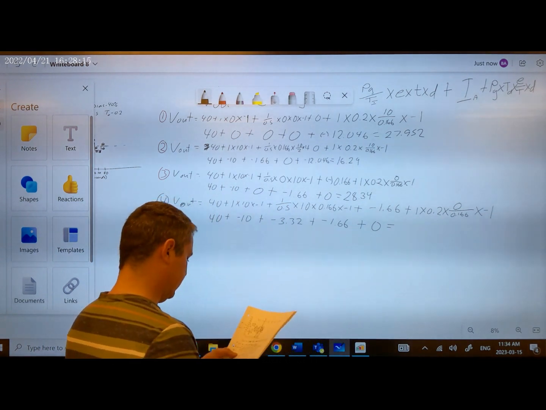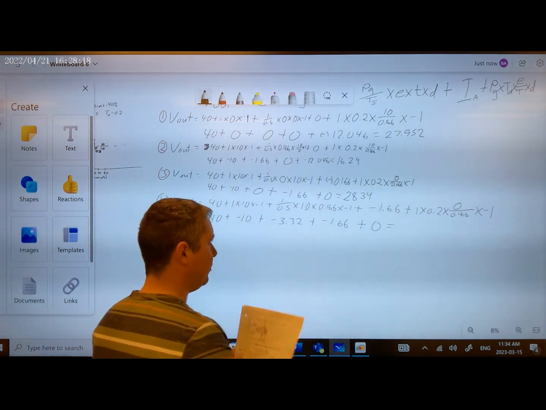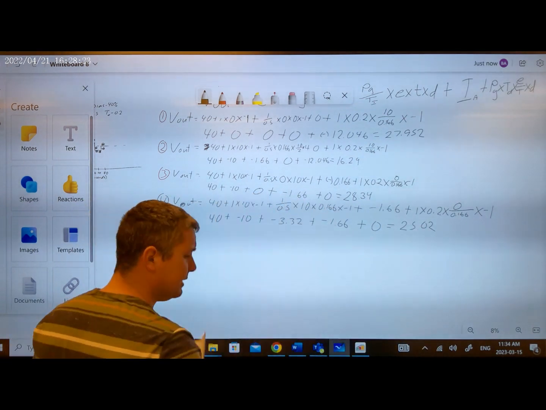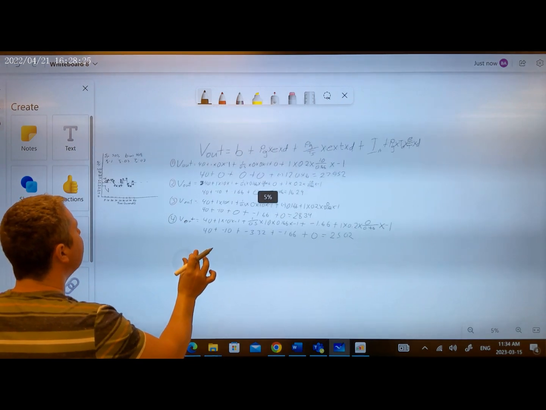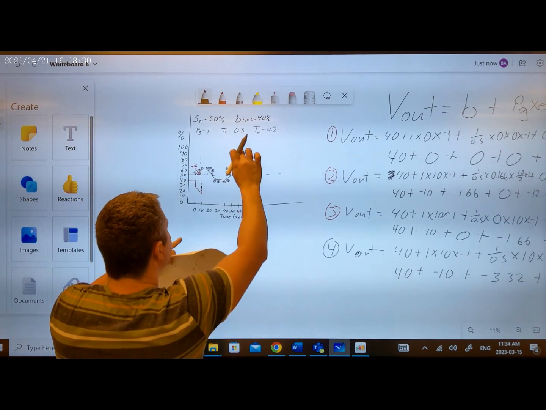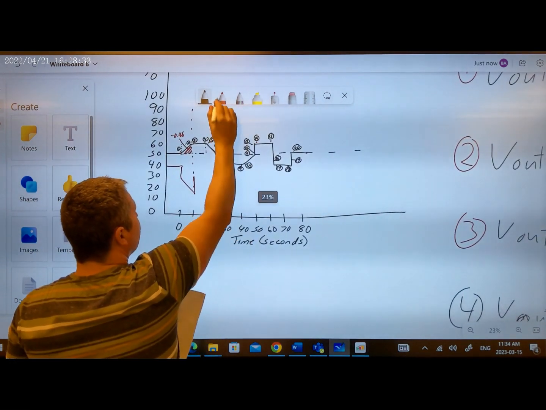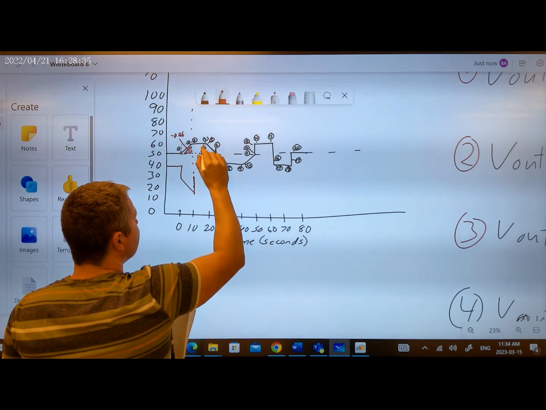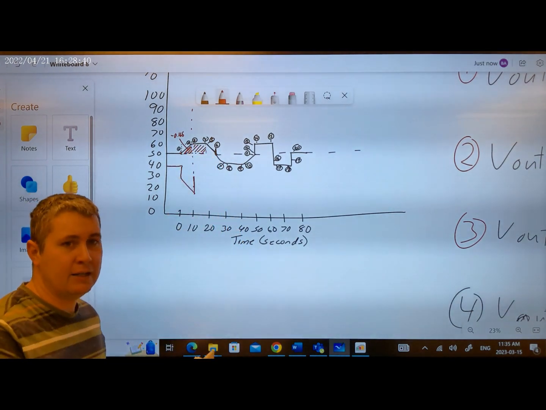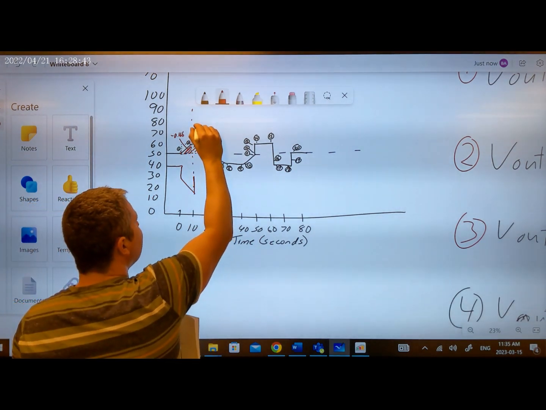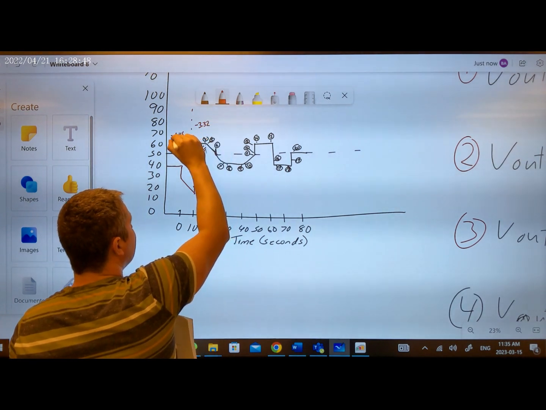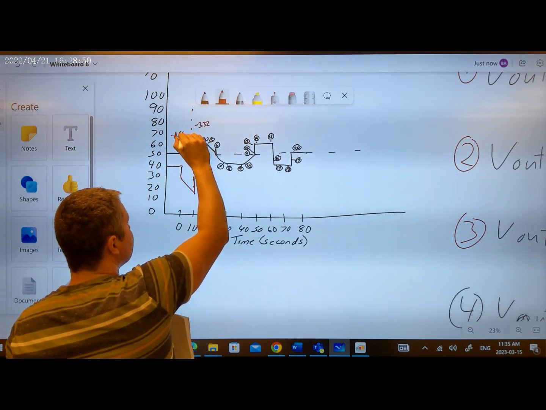Which equals, what is this, 25.02. What does that mean? Really what that means is that this integral right here, we now accumulated another negative 3.32, and sorry, that was supposed to be 1.66.